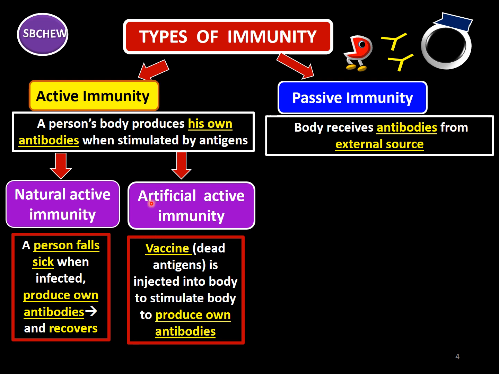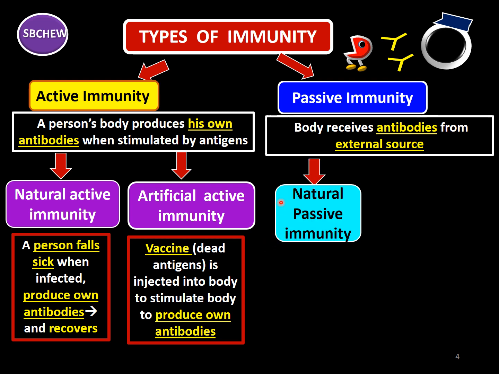So that's artificial active immunity. In both these cases, memory cells are produced that can later produce a more rapid immune response, should the antigens enter the body the second time. So the person will not fall sick.